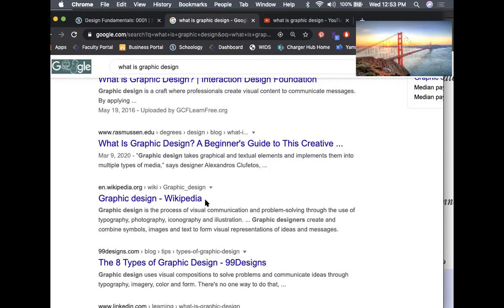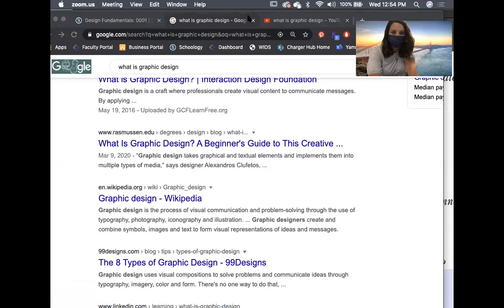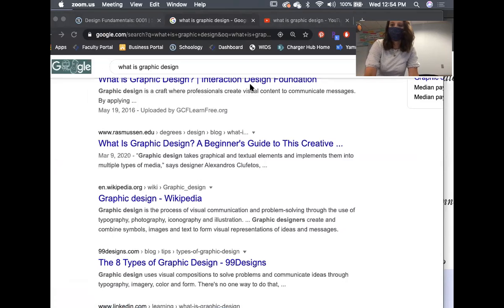Visual communication. So visual communication, here's the first few words of that again. Visual communication and problem solving through the use of typography. That's good.